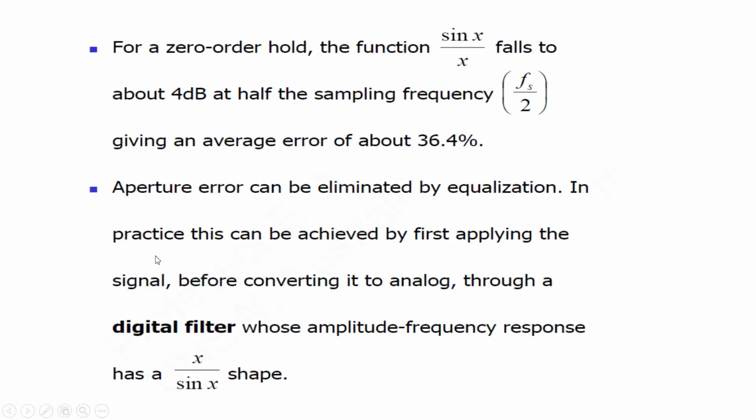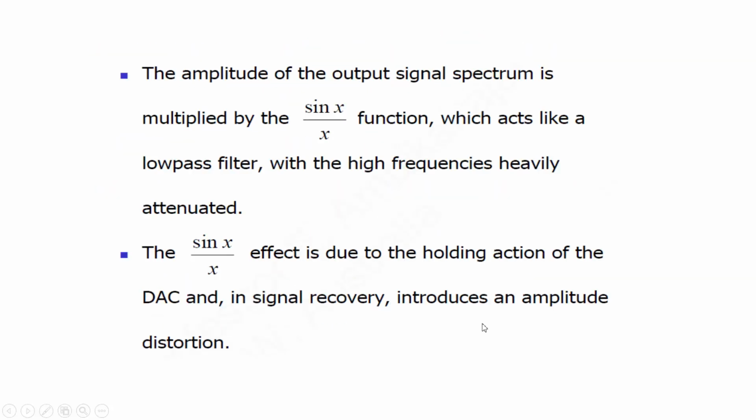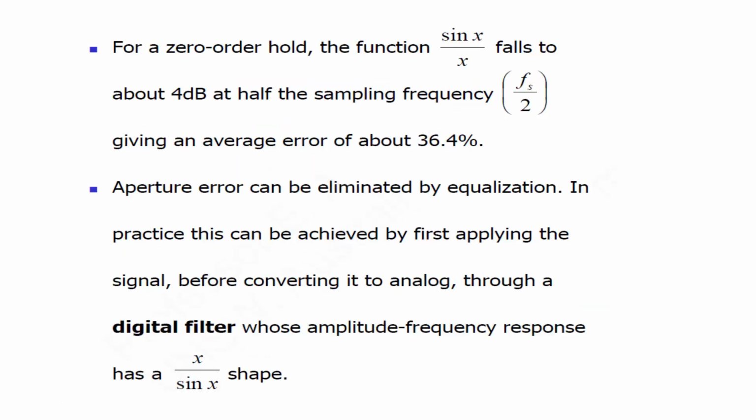While we are doing the recovery, this will introduce an amplitude distortion. For a zero order hold from the D2A holding action, the function sin x by x falls to about 4 dB at half the sampling frequency, giving an average error of about 36%. This is one example we can quote.